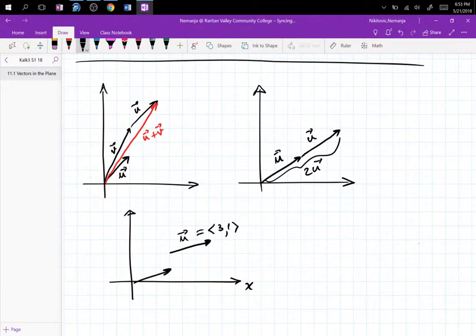Except when it's on its original position, starting at 0, 0, it will reach 3, 1. Where here, you are at 3, 2, going into 6, 3, and then you have to do some math to figure out what the vector is, right? You have to do the subtraction to figure out what the vector is.